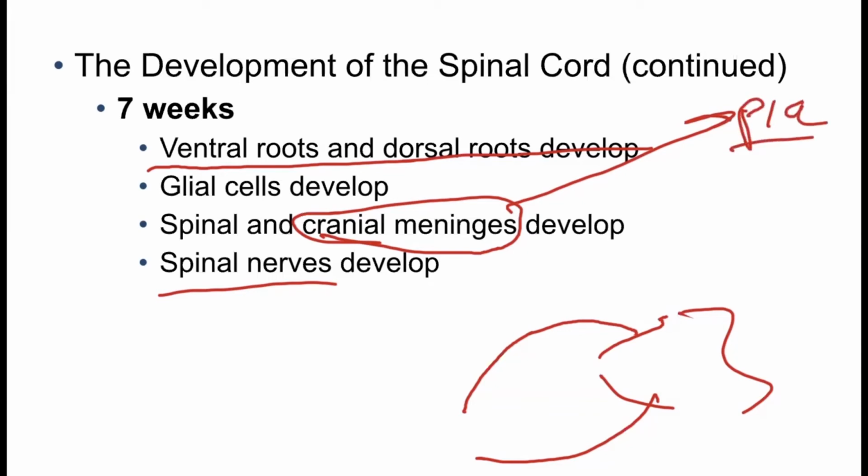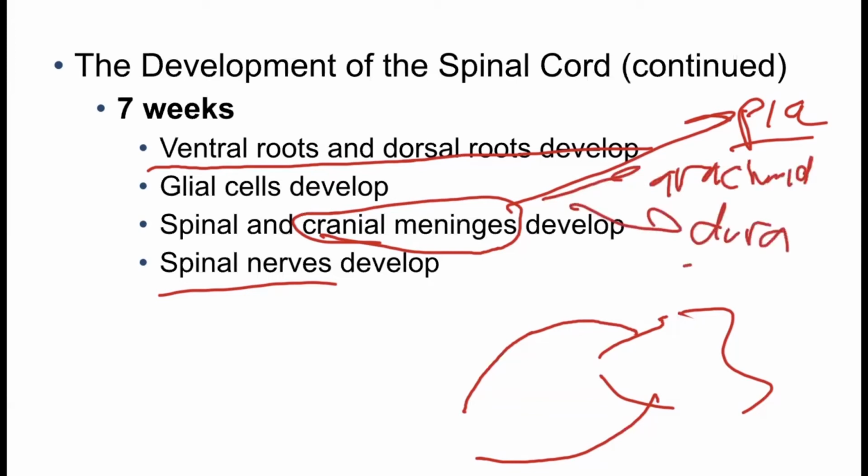Then the middle layer is your arachnoid layer. And the outer one is the dura. That's the real thick one on the outside. Those are the 3 meninges that start to develop: your pia layer, your arachnoid layer, and your dura mater.